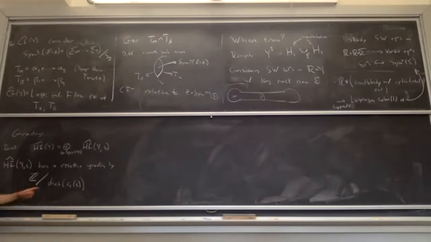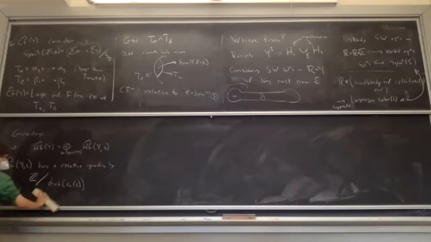So what do I mean? If c1 of S is 0 or is torsion, then this is just a grading by Z. But for example, if c1 of S is 14, so let's do a better example.